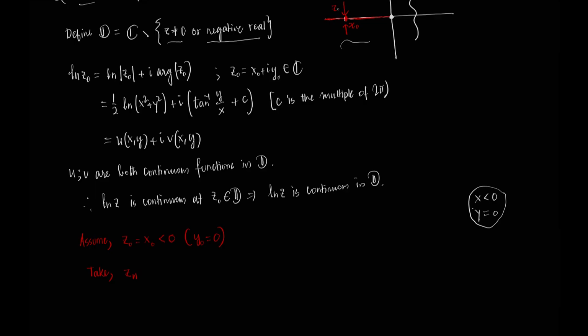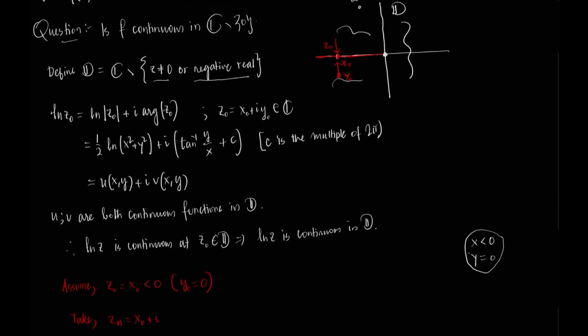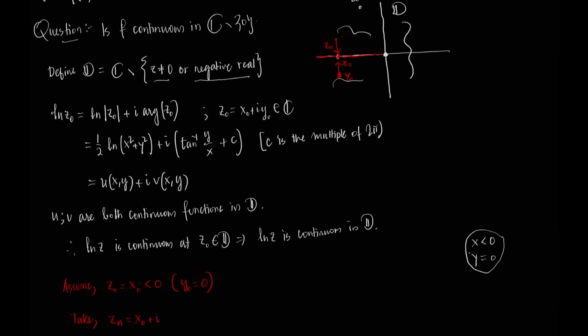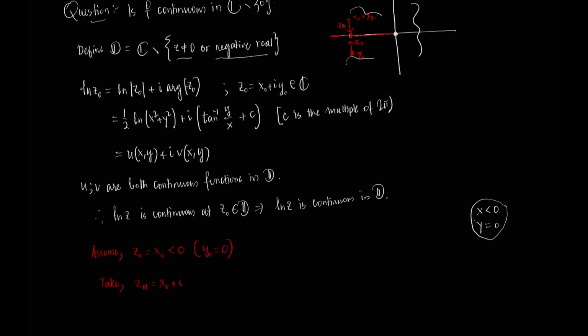Zn is x naught plus i times, take any point here, let's say y naught, or you can take any point here also. It is x naught plus i y1. So this is one point. And yn, let's say.